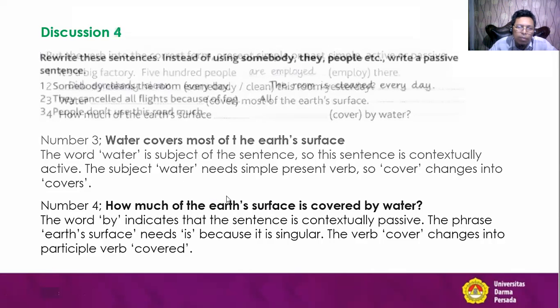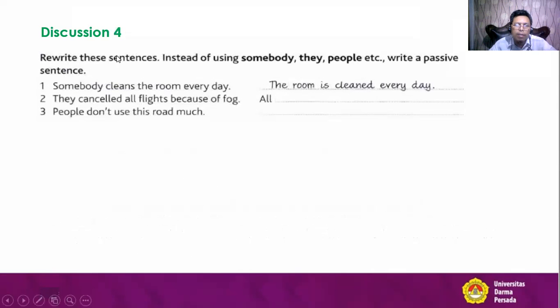Now we go on to discussion 4. Rewrite the sentences instead of using somebody or they or people, etc. Write a passive sentence. Somebody cleans the room every day. So we change the sentence into the room is cleaned every day, because we are supposed to change active into passive.